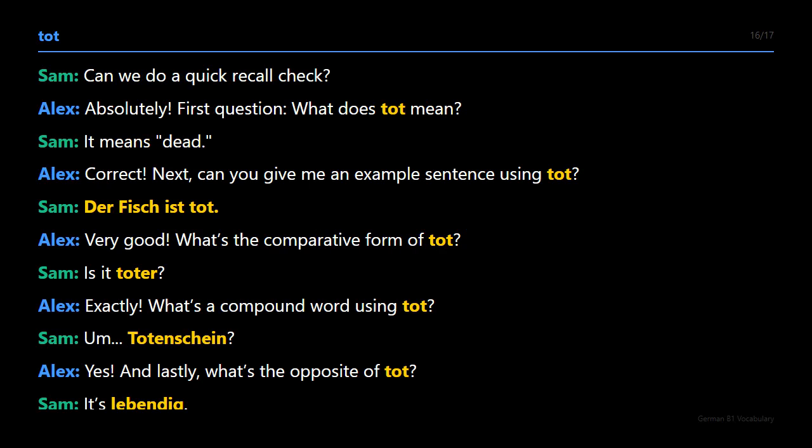What's the comparative form of tot? Is it toter? Exactly. What's a compound word using tot? Totenschein. Yes. And lastly, what's the opposite of tot? It's lebendig.